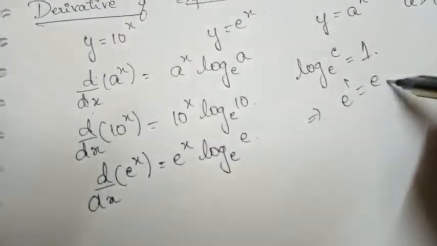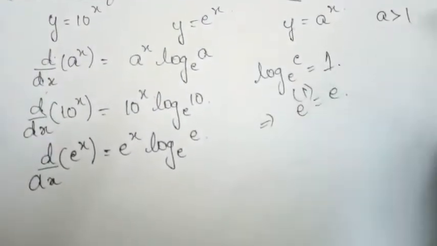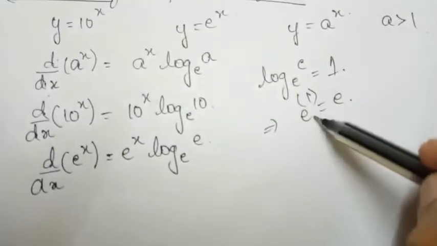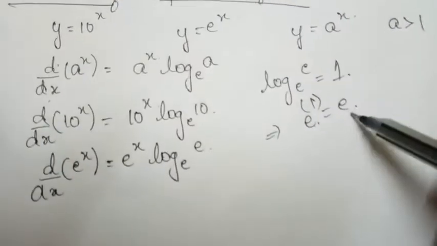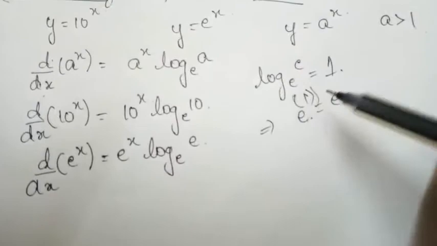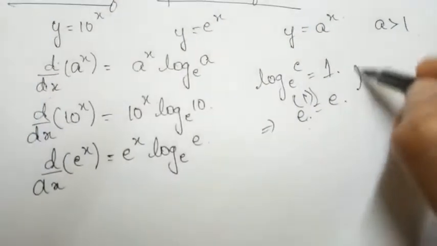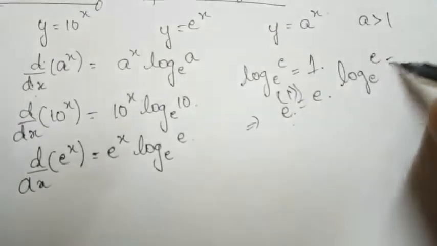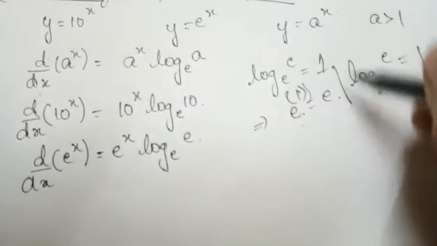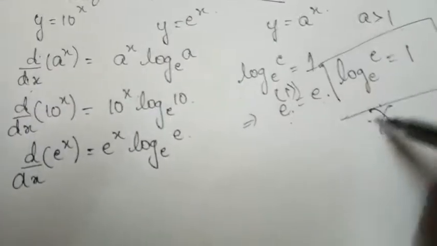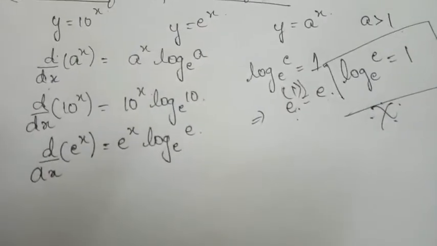E power 1 is equal to e. What value if we input, we are going to get e power something equal to e itself? When e power 1, we get e itself. So log e of e is equal to 1. Remember this one, it is one of the major things you need to remember.